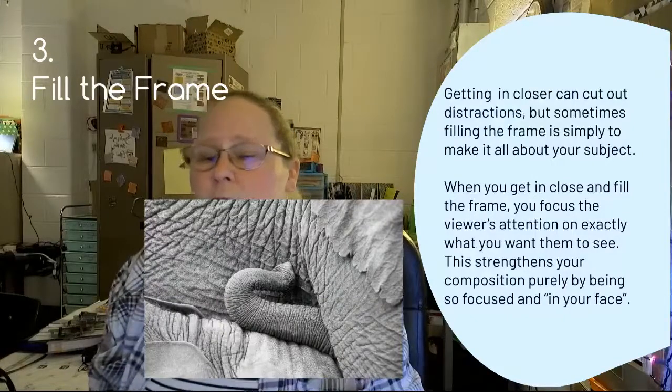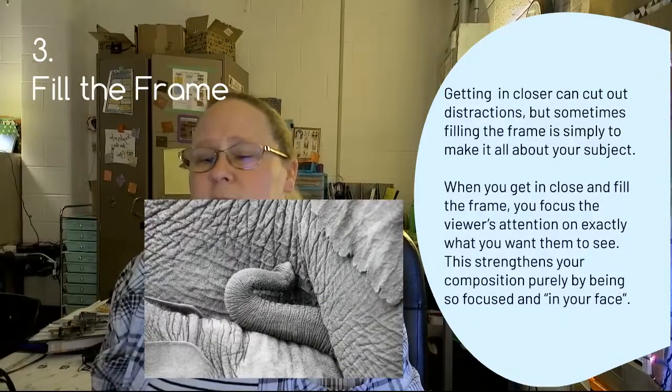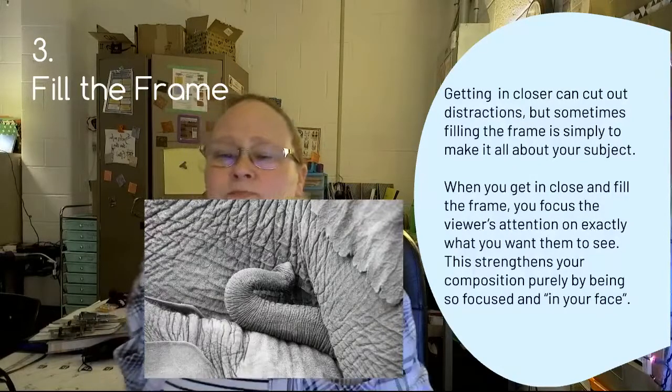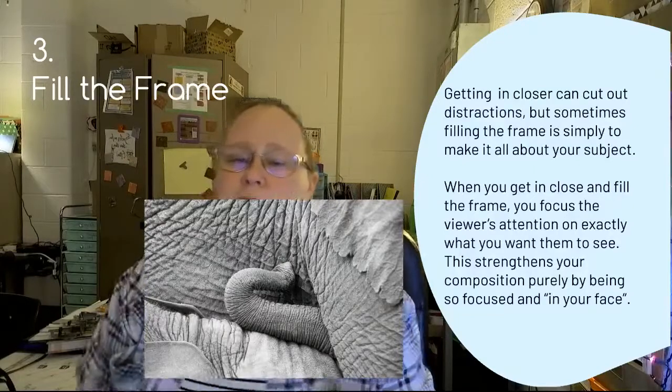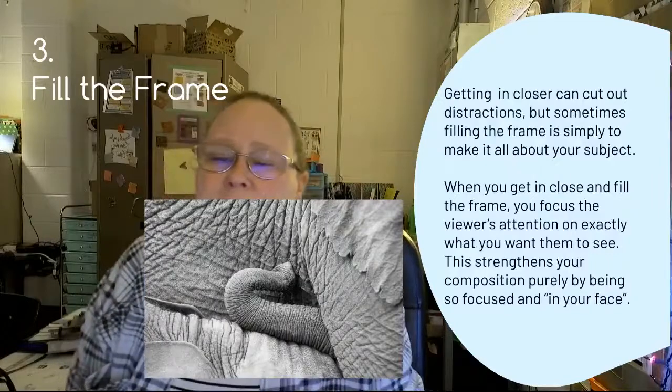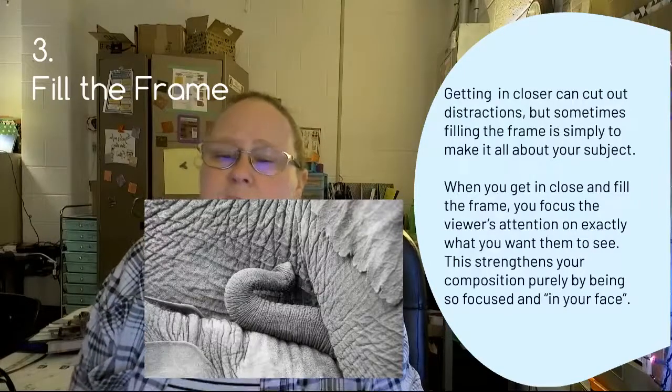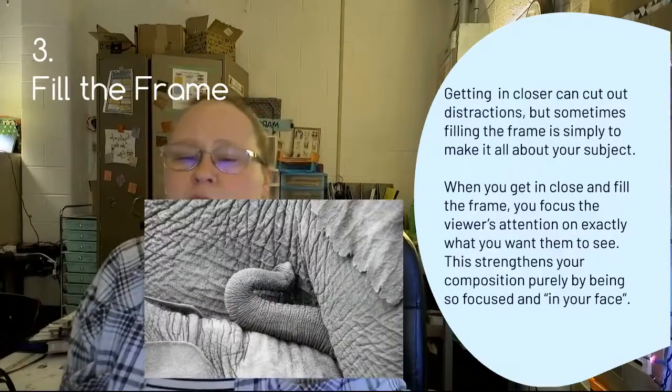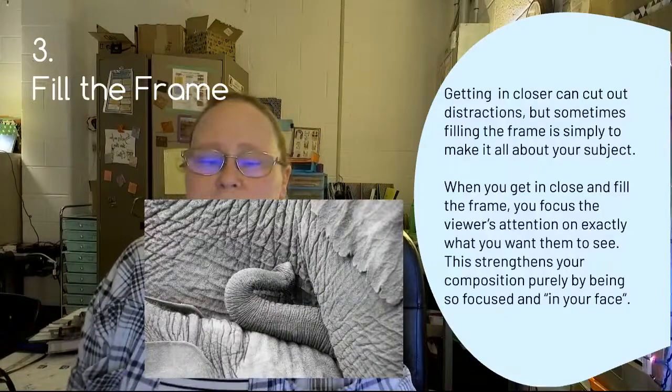So they got in close so you could just see the baby's head and the baby's trunk up here underneath mommy's neck. When you get in close and fill the frame, you focus the viewer's attention on exactly what you want them to see. This strengthens your composition purely by being so focused and in your face.